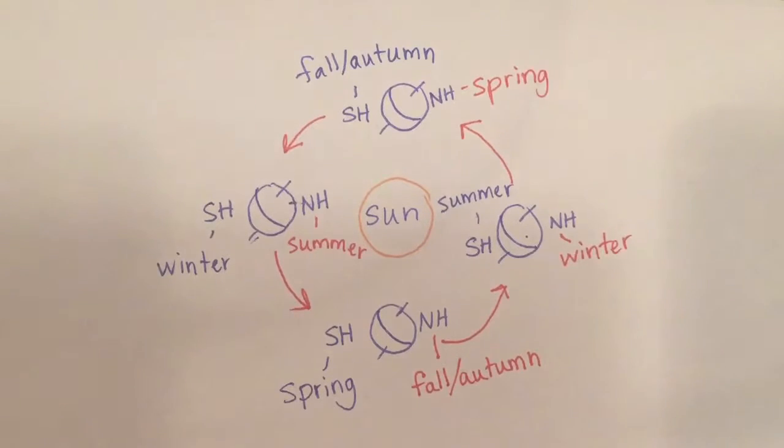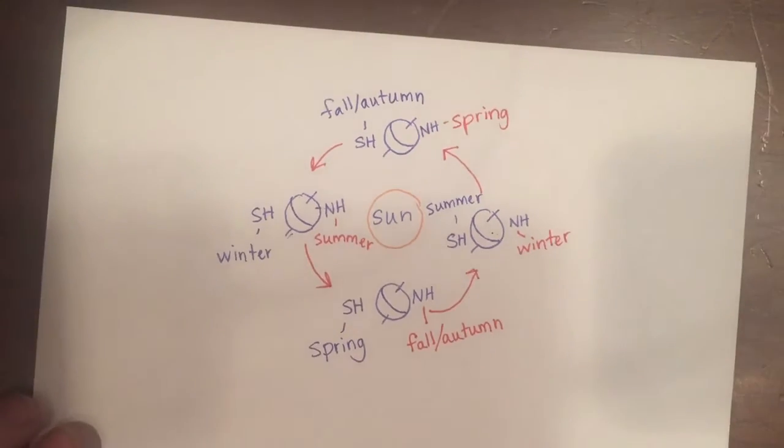We still have a little bit to add to this. You need to know that at different seasons, we experience either long hours of daylight or short hours of daylight, or maybe the same number of daylight hours as night hours. So we're going to label that. I'm going to zoom out just a little bit.